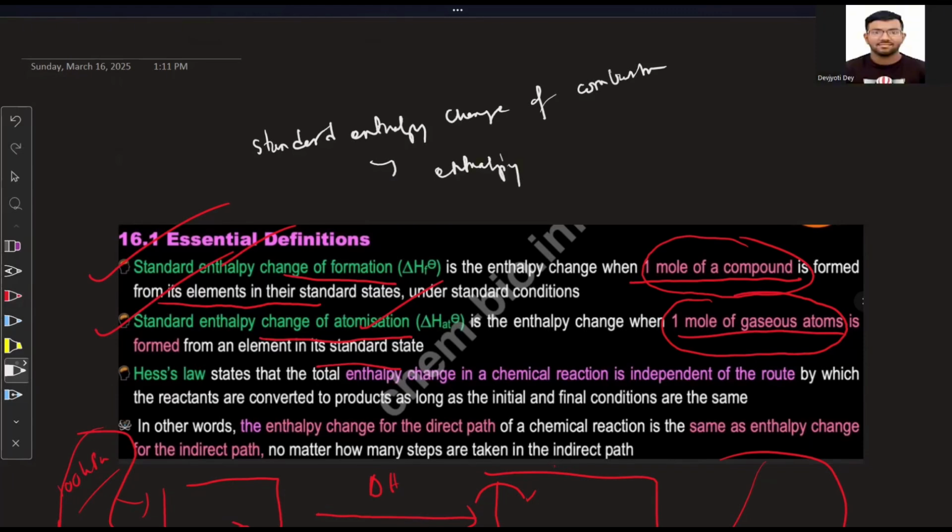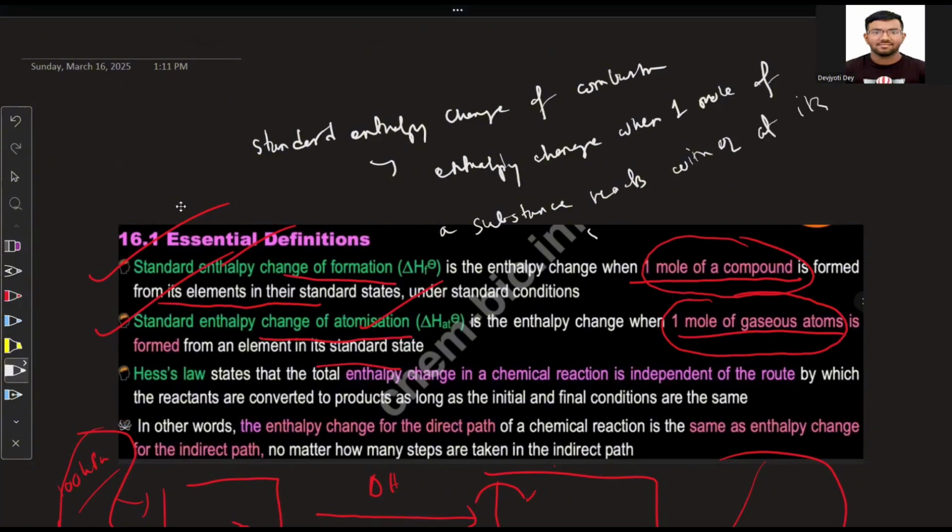The enthalpy change when 1 mole of a reactant or a substance reacts with oxygen at its standard state under standard conditions. You get my point?